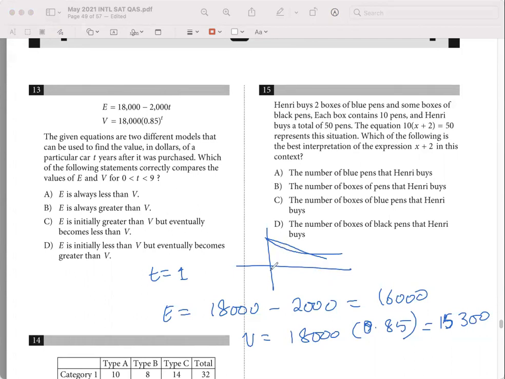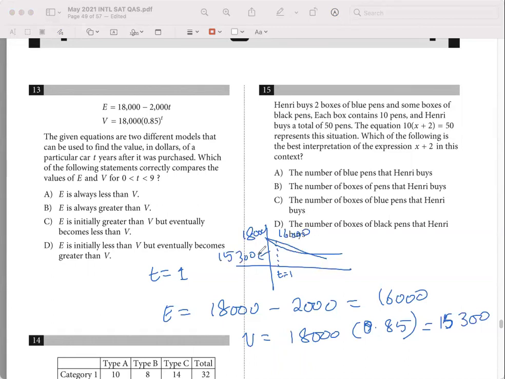For example, at t equal to 0, they are both 18,000. At t equal to 1, the linear curve is 16,000, but the exponential is 15,300.